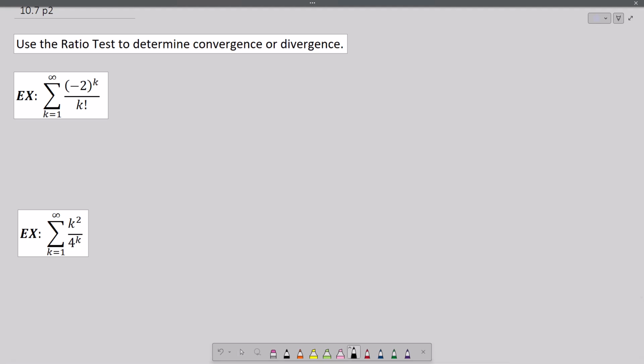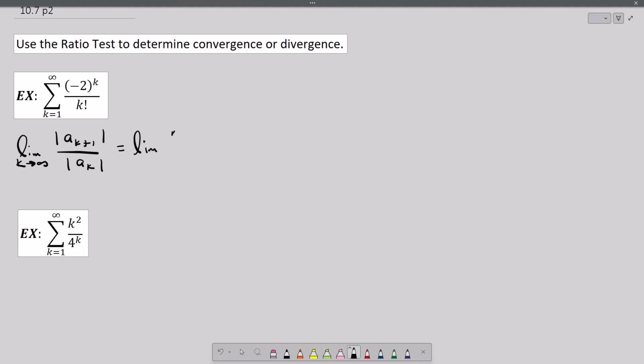So here's what we're going to do. We're going to take the limit as k goes to infinity of the absolute value of a sub k plus 1. It's always the next term over the prior term. And so this will be the limit. And we're taking absolute value so we can just ditch the switch.